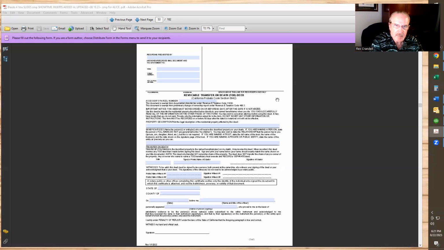This is an example of a transfer on death deed that someone would fill out. You put the property tax parcel number, the legal description, and then list the beneficiaries. And it has the requirements. It has to be notarized. In addition to being notarized, it has to have two witnesses.